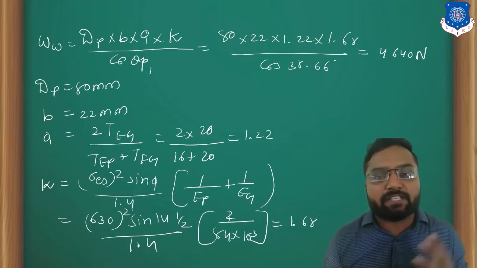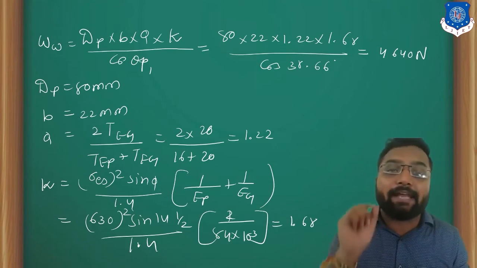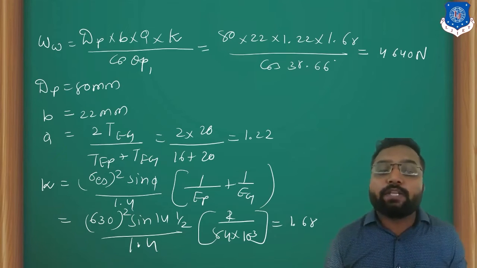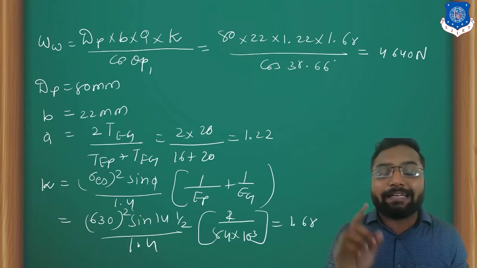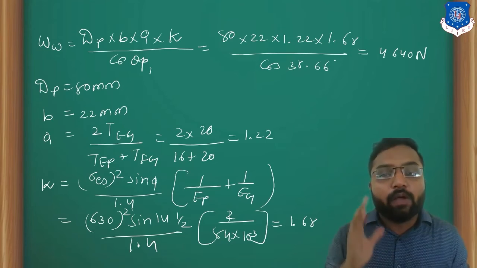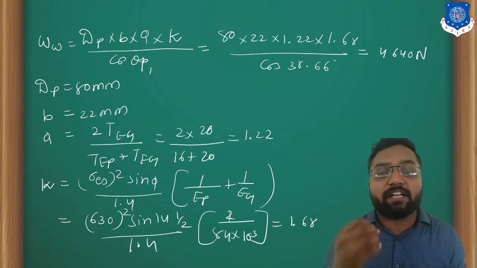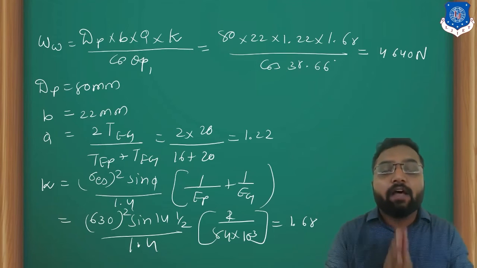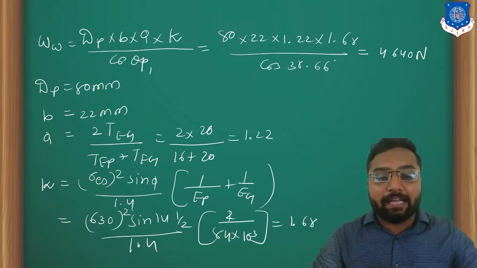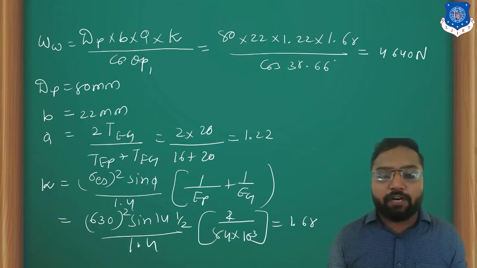So we have dP, which is 80 mm, and face width, which is 22 mm, found depending on that module. Q, the velocity ratio, can be found as 2 into TEG upon TEP plus TEG, which is 1.22. K, depending on the endurance limit and modulus of elasticity, is ultimately 1.68, where the modulus of elasticity is 630 and phi is 14.5 degrees. Clear? 1 upon EP plus 1 upon EG, which is 1 upon 84 plus 1 upon 84 into 20 raised to 3.